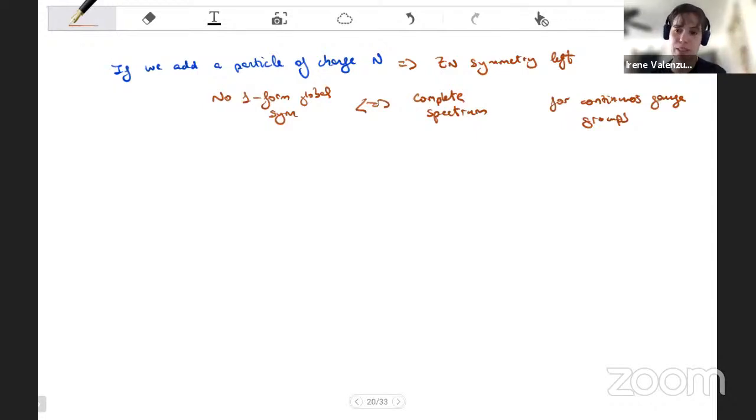The other option is that it's broken, so that there's no gauge field associated to it. It's broken at some high energy scale. And then, if it's broken, higher dimensional operators that break the symmetry are going to induce some proton decay. So again, you have experimental constraints on the suppression of these operators.